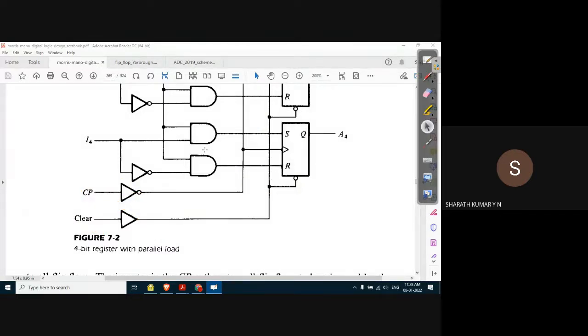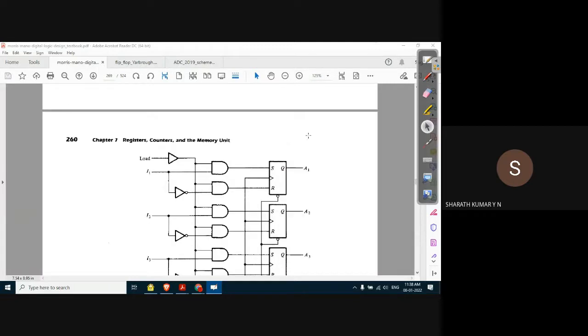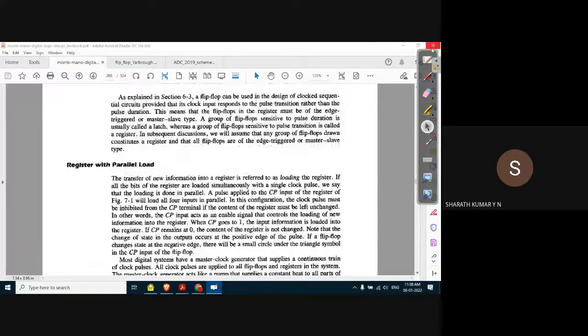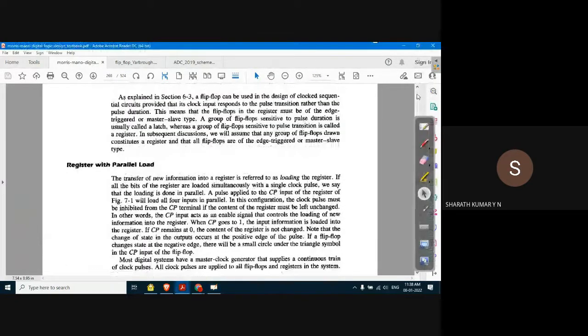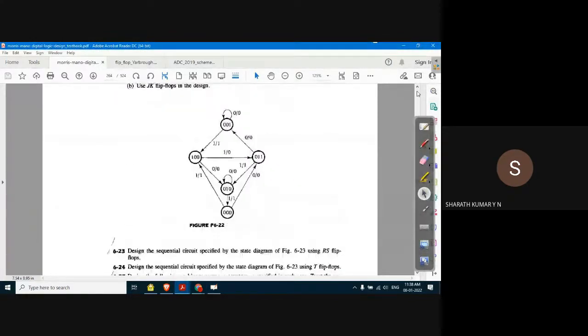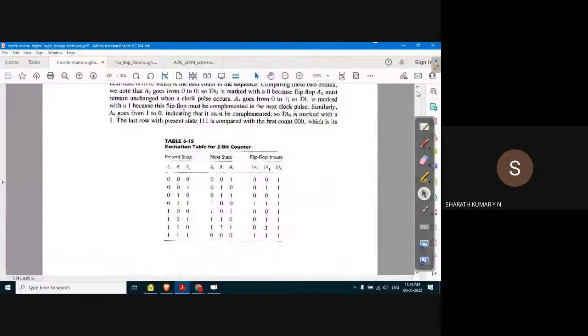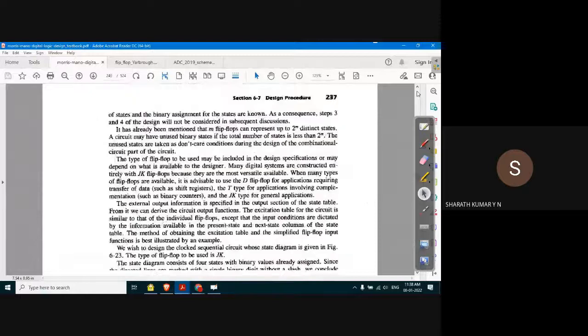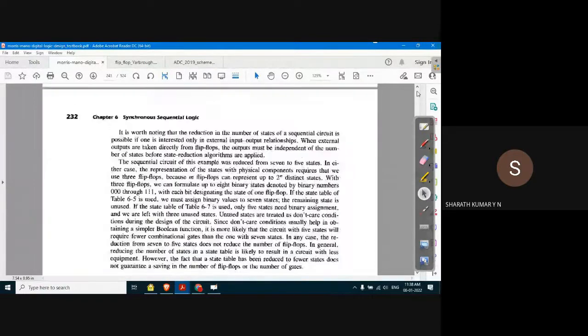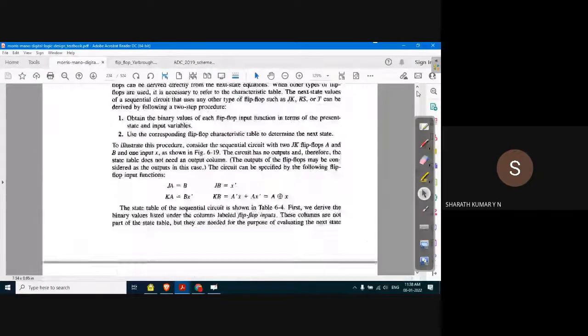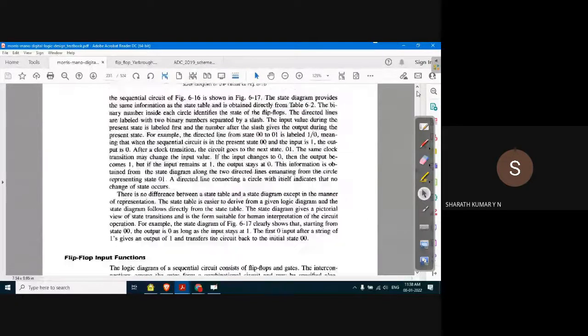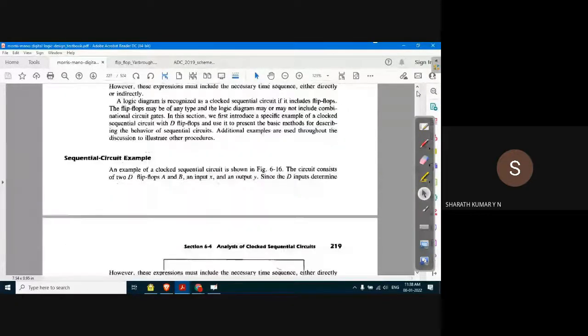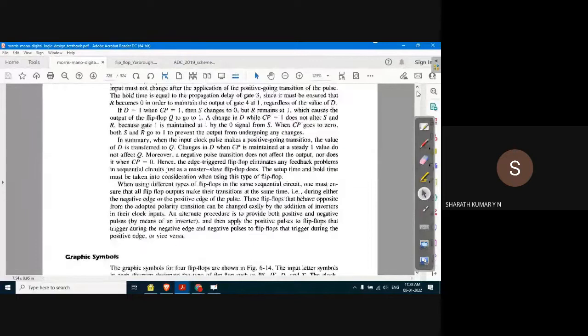So we'll discuss the parallel shift register now. Before that, give me a second. There are various types of sequential circuit discussion, but this is flip flops.